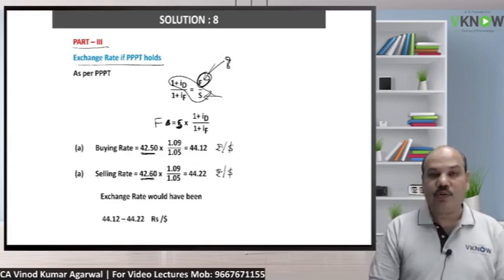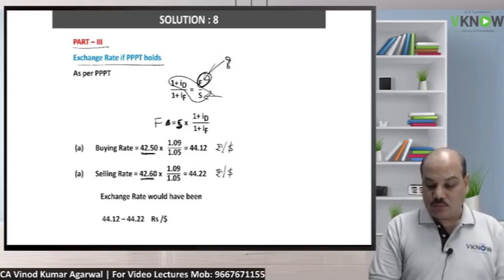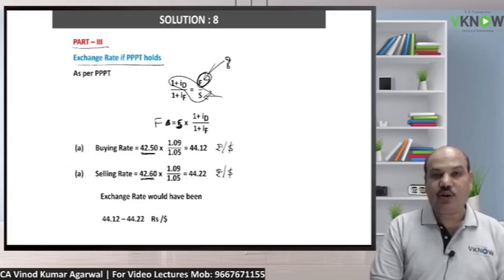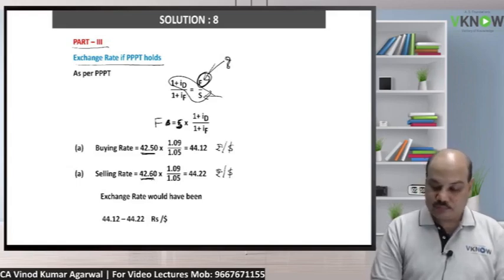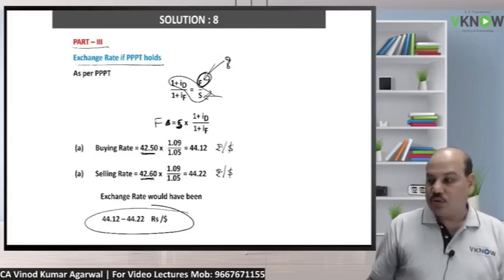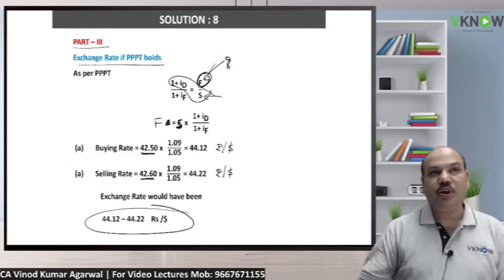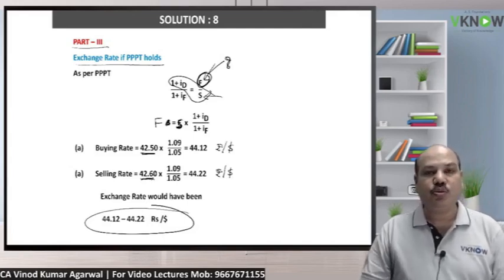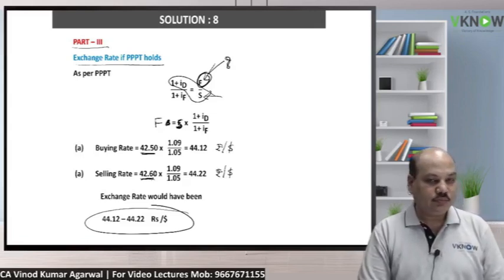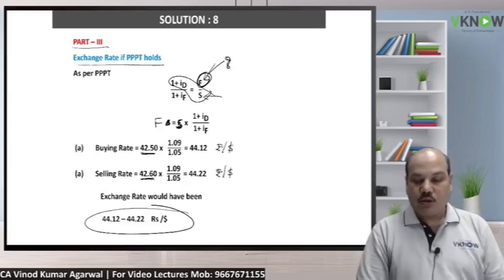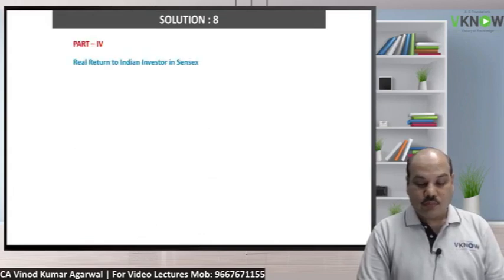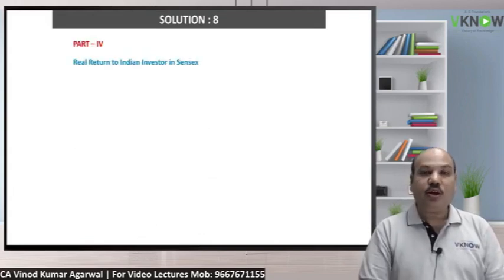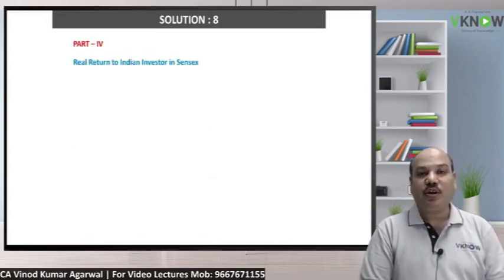Therefore the final you will present like this. Exchange rate would have been 44.12 dash 44.22 rupees per dollar. So if PPPT holds true, this should have been the exchange rate today. There is one more question, that what is the real return to Indian investor in Sensex?